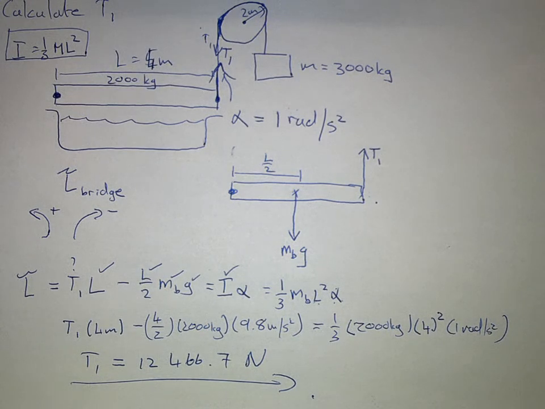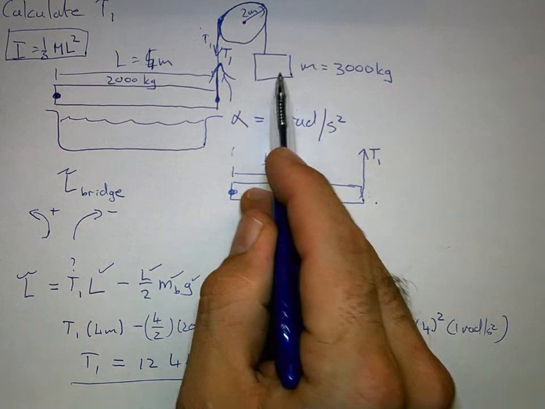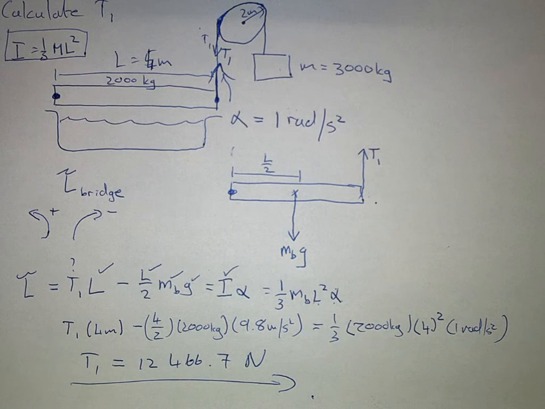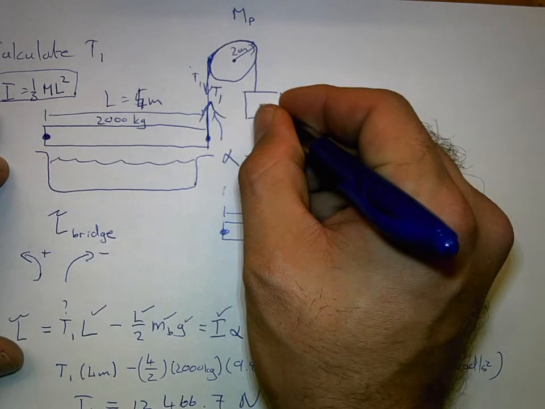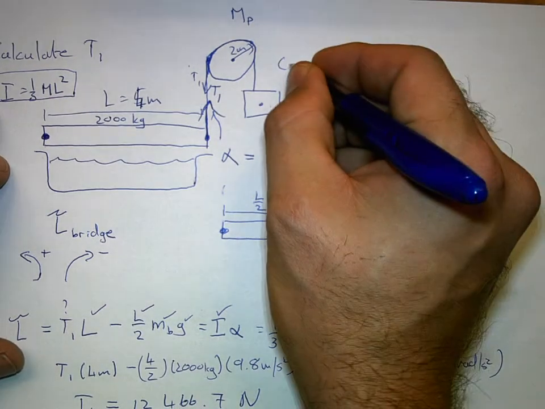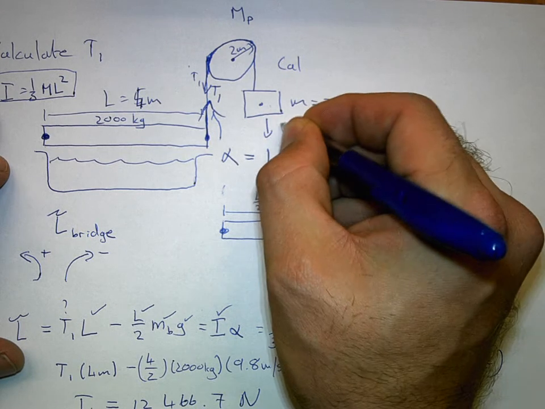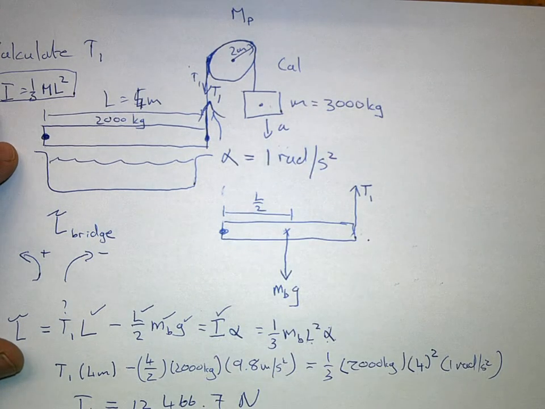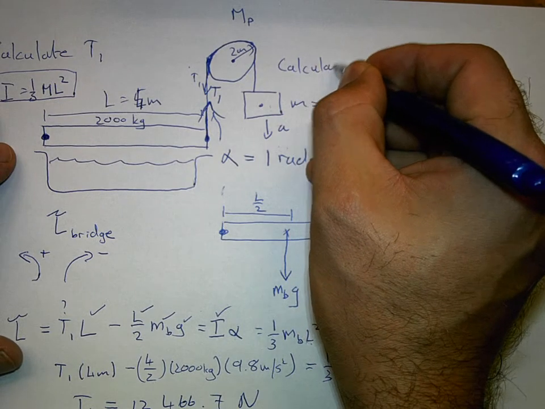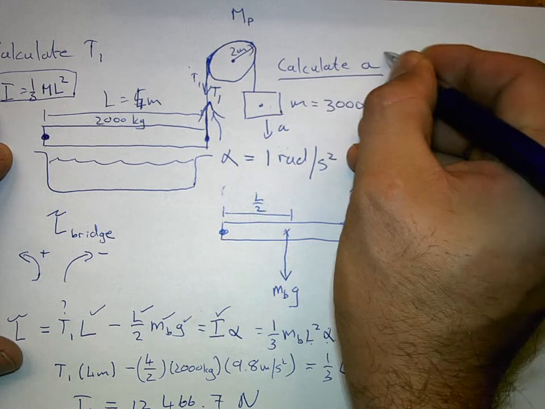The next question is, we must now calculate the acceleration of this mass. So this mass will be moving downwards with a certain acceleration, and I must calculate the acceleration of the mass.